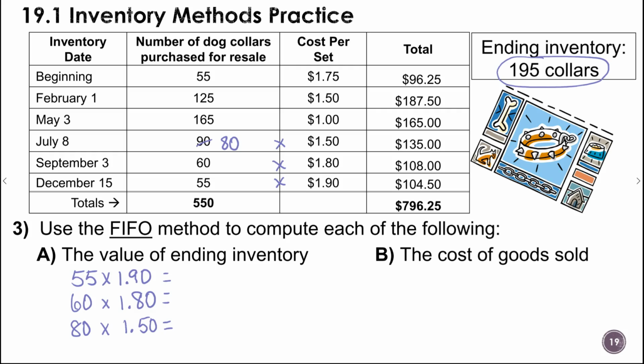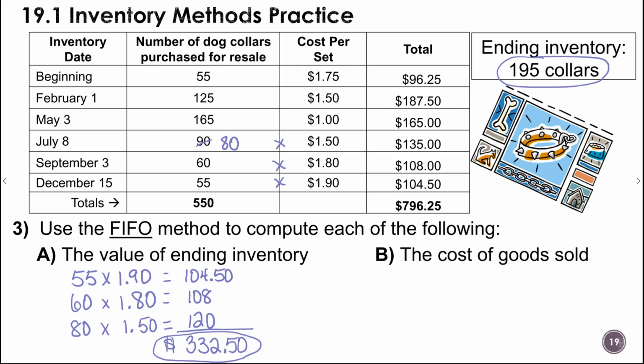All right, so we multiply those all out. 104.50, 108, and 120. And we add those together to get the value of our ending inventory, which is $332.50. And circle.